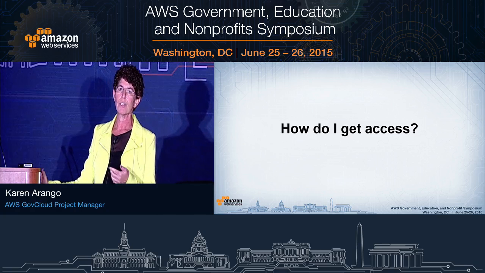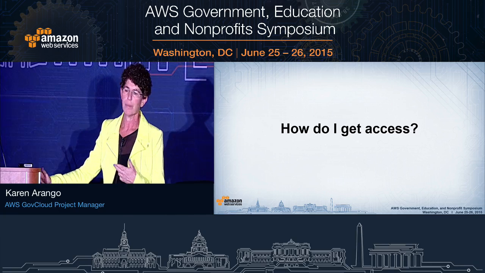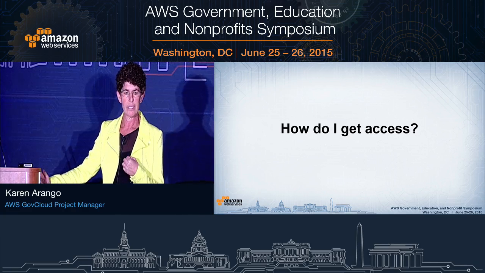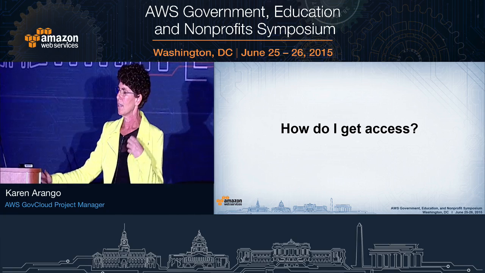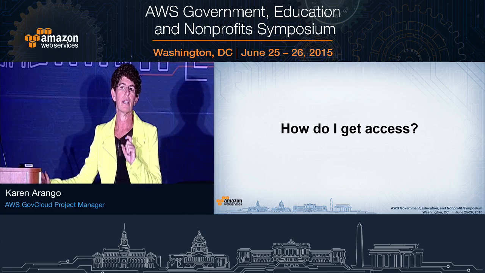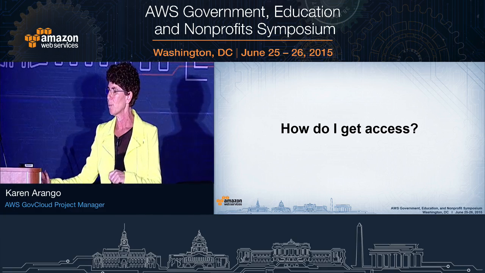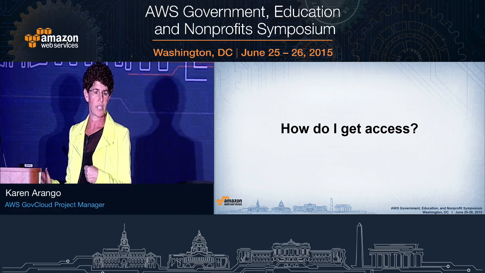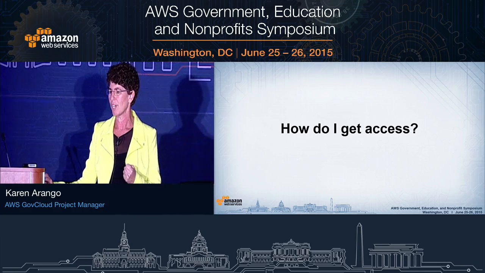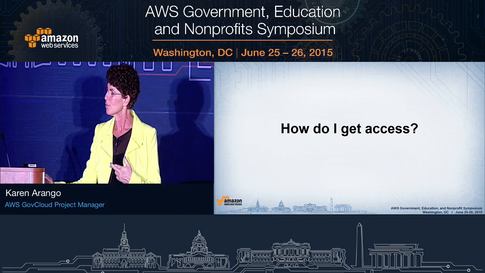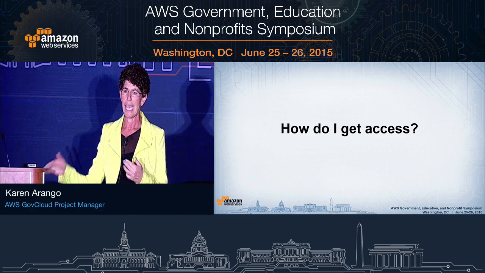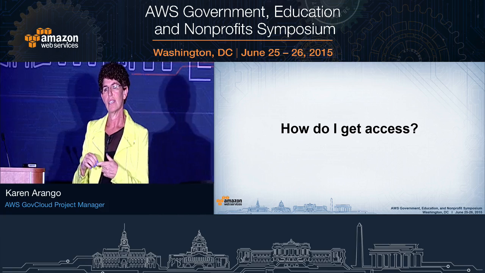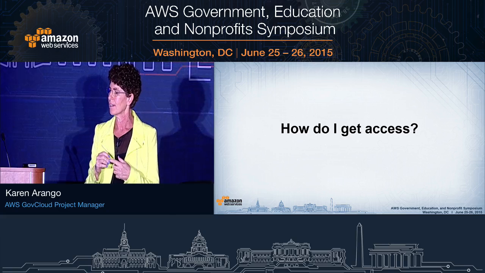And then tomorrow afternoon is a deep dive into compliance. So if you're interested in FedRAMP, FISMA, DoD, you've got HIPAA workloads, you've got CJIS workloads, you're just curious about anything in terms of security and compliance, you can come to that session in the afternoon. And then the last session of the day is how to sell software in the region.